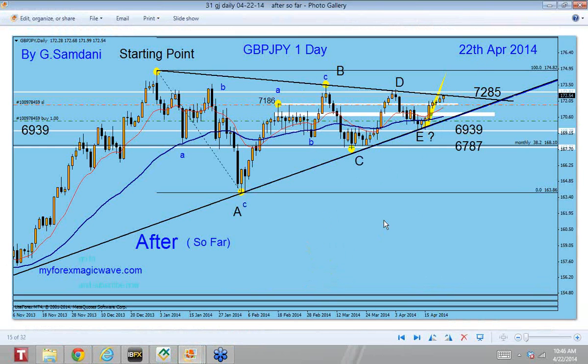Boom. This strong level, 7285, last time I said we reached the TL at 7285, so we have a good chance to drop, and we did. Where to find these numbers, where they come from, I teach everything.